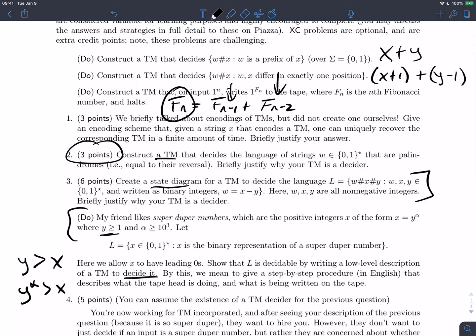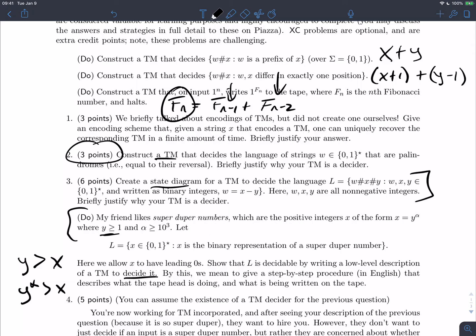Other questions on p-set 1? Yeah? What if the number is like 11111 and we have to add it? So if we're trying to add 1 to a number that's all 1s, how do I do that? Make them all zeros and add 1.